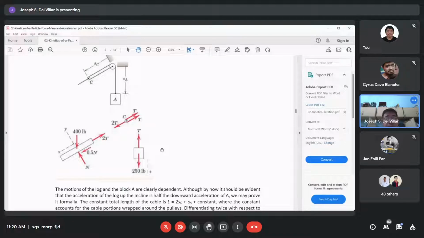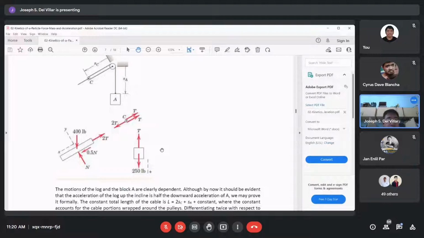Now, although by now it should be evident that the acceleration of the log up the incline is half the downward acceleration of A. Okay, any questions so far?